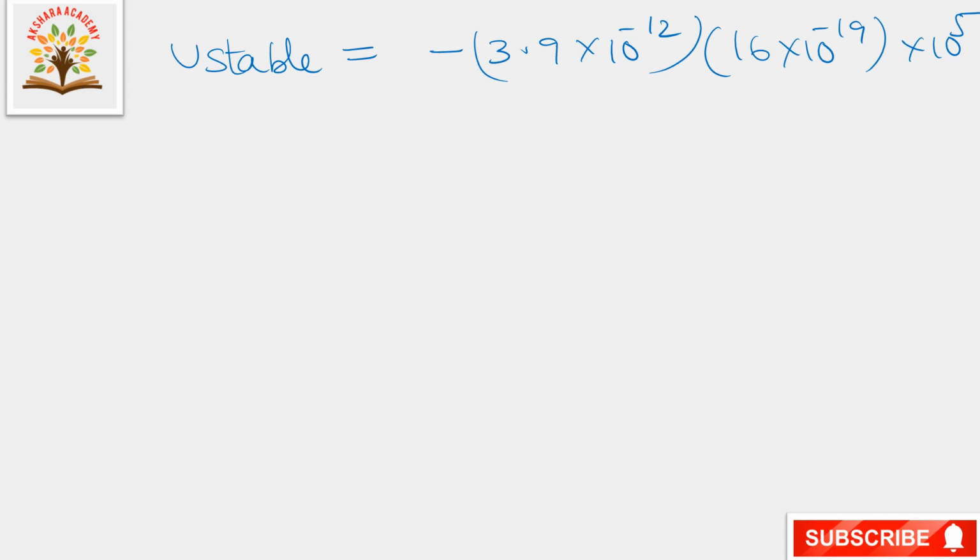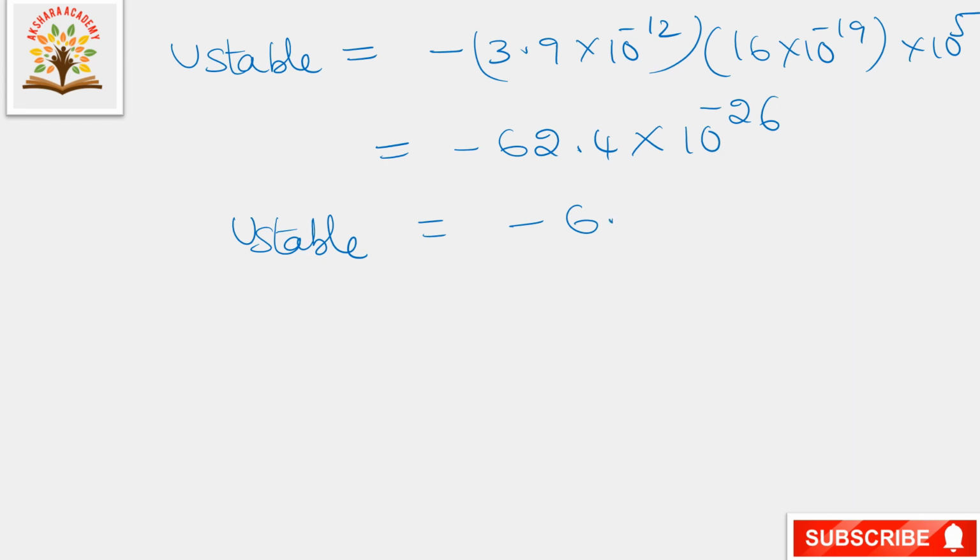So after multiplication we get minus 62.4 into 10 to the power of minus 26. So finally the potential energy in stable equilibrium is equal to minus 6.24 into 10 to the power of minus 25 joules. Okay, next we will go to the next question.